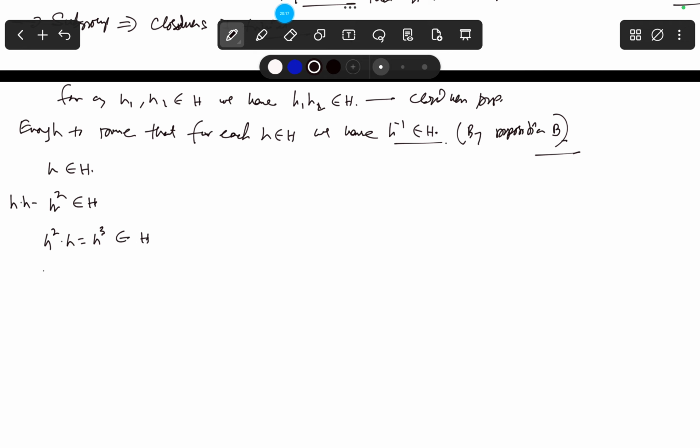It is h times h, right? h square times h, which is h cube, must belong to capital H. Similarly, h cube times h is also in capital H, and thus it will go on.